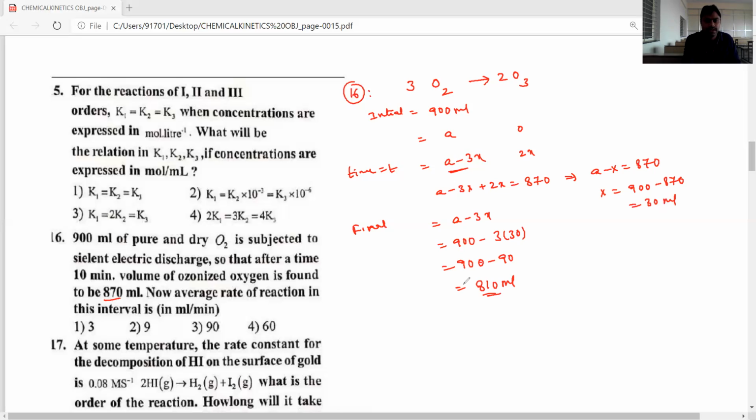Now the average rate in ml per minute: the average rate is the change in the volume by time.